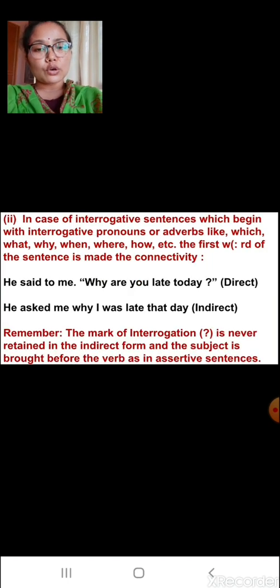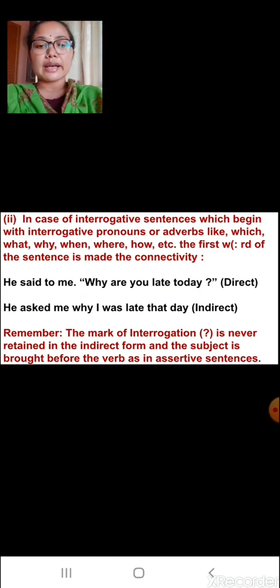In case of interrogative sentences which begin with interrogative pronouns or adverbs like which, what, why, when, where, how, etc., the first word of the sentence is made the connective. For example, he said to me, "Why are you late today?"